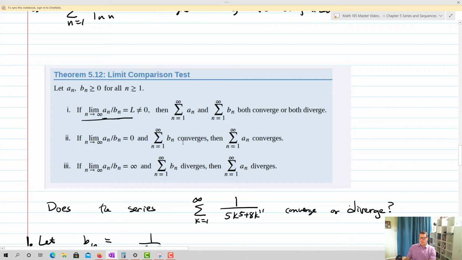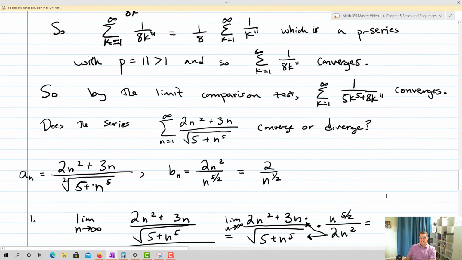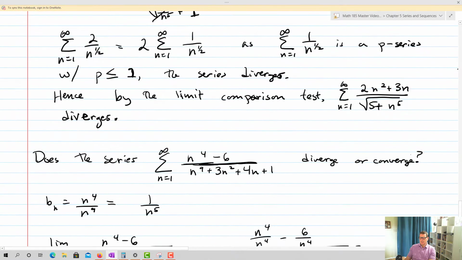You have to choose another b sub n. On the other hand, if your limit goes to infinity and b sub n converges, then again, you haven't actually proven anything. So make sure as you're doing this limit comparison test that you're following the guidelines of the theorem exactly. This finishes up what we were talking about in terms of the limit comparison test.